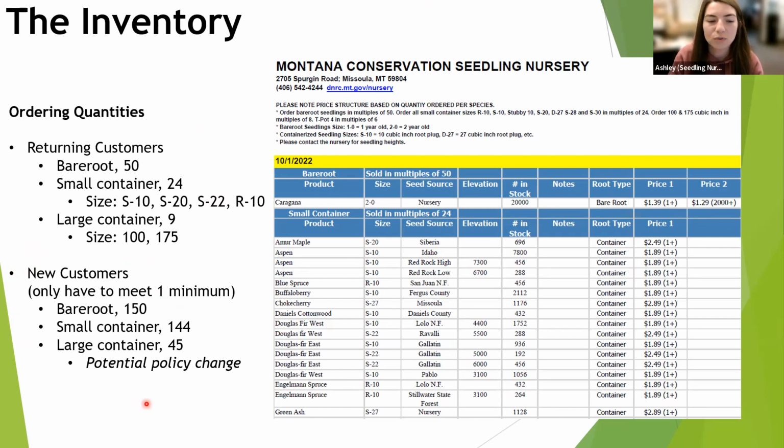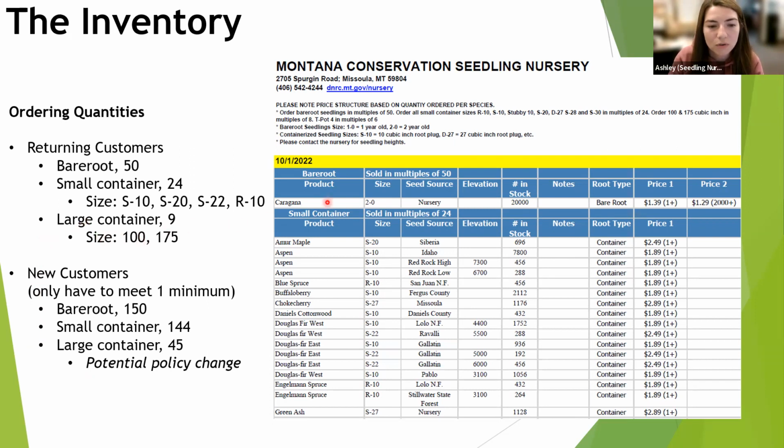We want to make our seedlings more equitable to people and easier to access. So that is why we are trying to work on changing this policy so that everyone can order as a returning customer. And this is the absolute minimum that we can sell seedlings in.